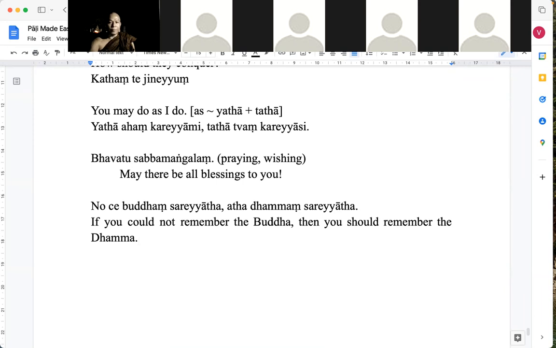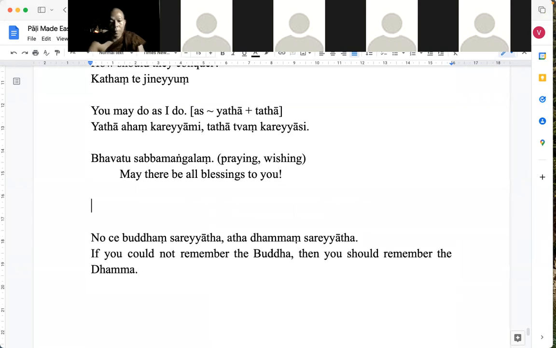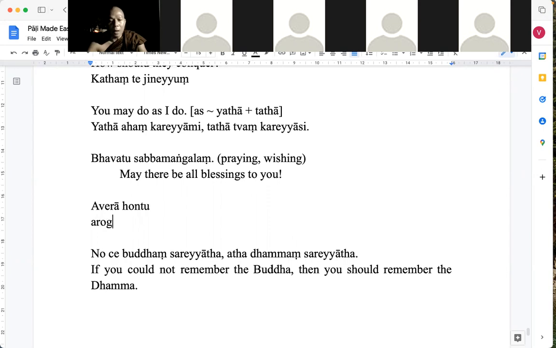So that is fine. If we use the imperative sentence alone without any context, for example in the Metta Bhavana, Avera hontu, Arogya hontu, or Abyapajjha hontu, Anigha hontu, like that.